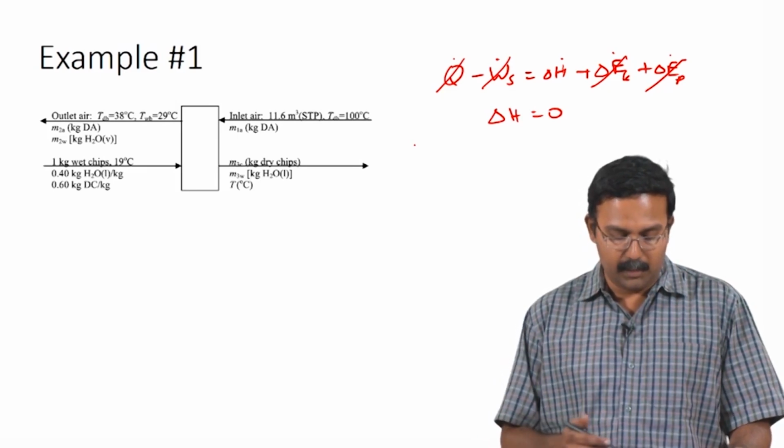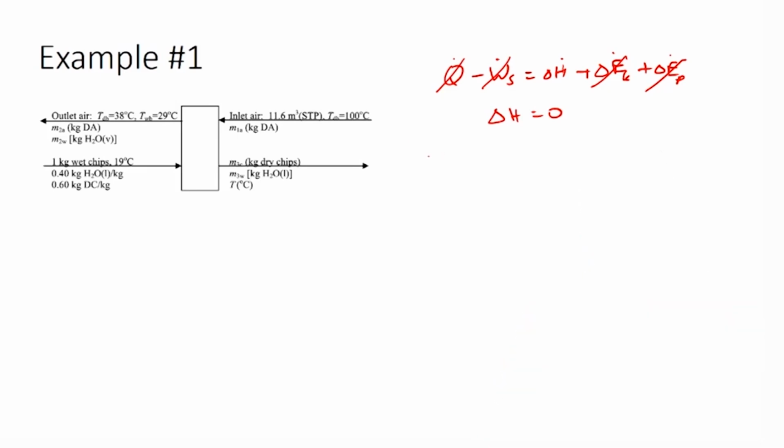You could use different temperatures as well. This would mean that the reference states are dry air, water liquid and dry chips at 0 degrees Celsius. This is the reference state we have used.